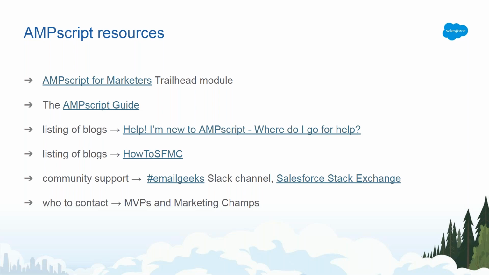Okay, so first off, we're going to kick off with just some resources for you to go to learn more about Marketing Cloud once you're done with today's class. We will be passing out this deck later on today, so please look for the links inside of it. The first one we have is a Trailhead module for you to go to and learn. It takes about 40 minutes to complete.